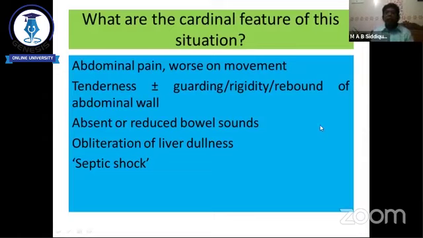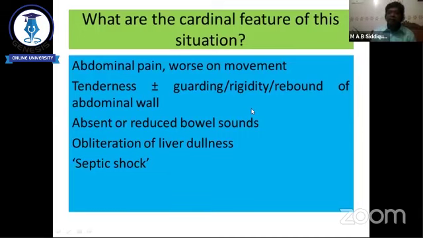So if you look at the patient, you can find out whether it is perforation or intestinal obstruction. The patient gives you some clue. Then there is tenderness, muscle guard, rigidity, and rebound tenderness of the abdominal wall. Guarding and rigidity are two different things. Guarding is voluntary and rigidity is involuntary. Rigidity is the definitive sign of peritonitis.